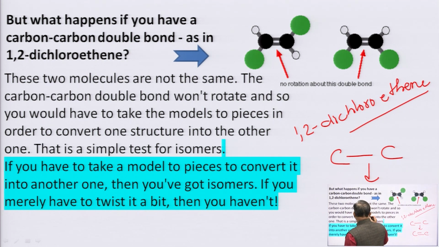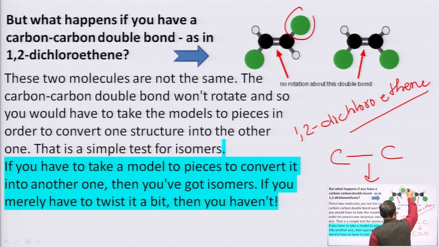The carbon-carbon double bond would not rotate, and so you would have to take the models to pieces. What does it mean? If I want to change the position of this chlorine atom, I have to plug it out and place it again here. It means I have to break the model to convert structure A into B.